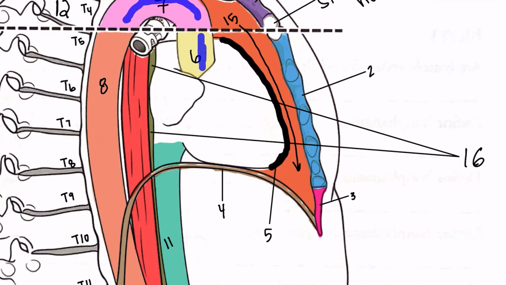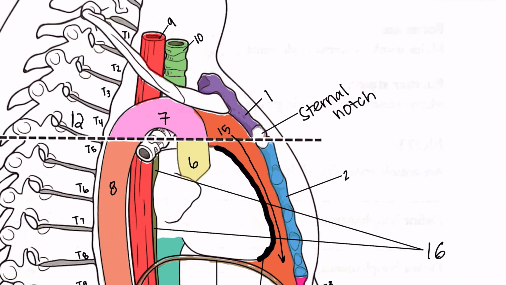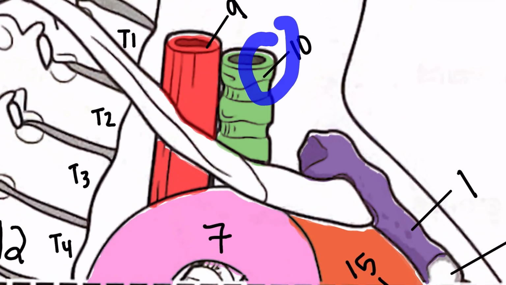Seven is aortic arch. Eight is descending aorta. Number nine is our esophagus. That's going to sit more anteriorly than our descending aorta. And then our trachea right here, number 10.